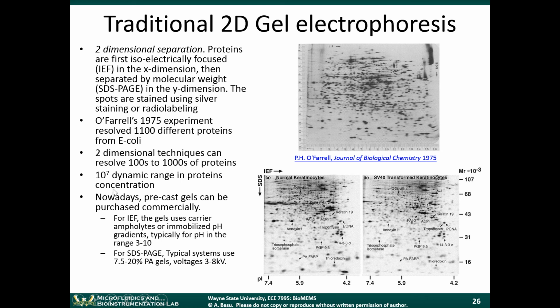Now, 10 to the 7th dynamic range is a very large range. Seven orders of magnitude difference in concentration you'll be able to detect. This was started in the mid-70s, and now it's pretty much a commonplace technique. You can buy two-dimensional gels now and do these separation experiments.